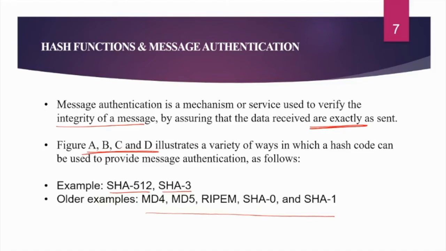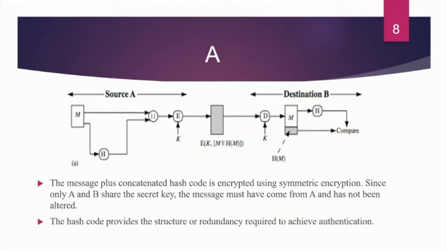Okay, right. Now let's see the first variant of the hash function. In this variant, we have a plain text message, M. This message undergoes the hash function, so H of M is computed.